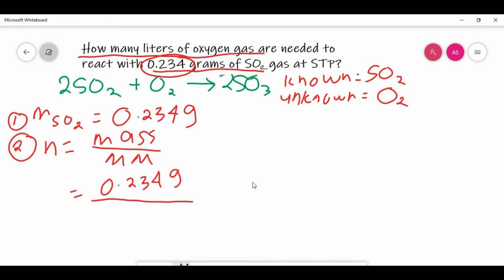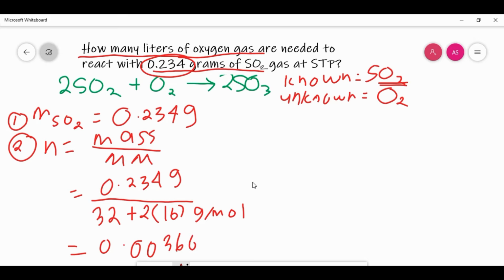And the molar mass for SO2 is, atomic weight untuk S adalah 32 plus 2 darab dengan 16. Kenapa 2 darab 16 ni? Sebab oksigen ada 2. So, 16 tu adalah atomic weight dia. So, the unit for molar mass is gram per mole. So, bila you kira-kira, you akan dapat 0.00366 mole.